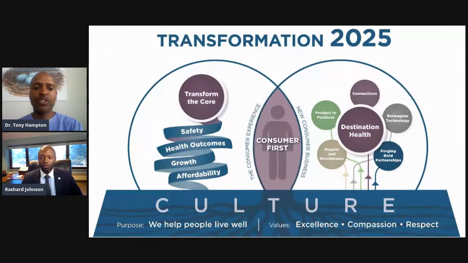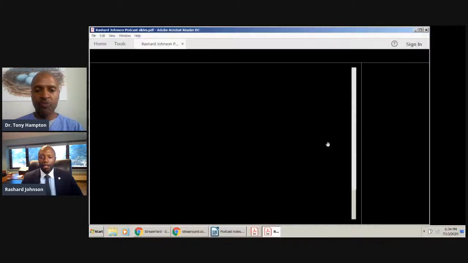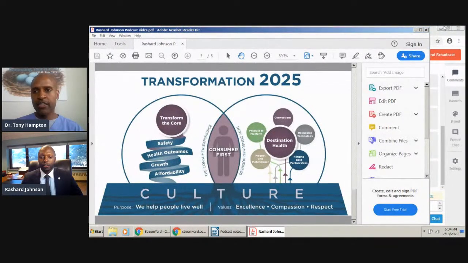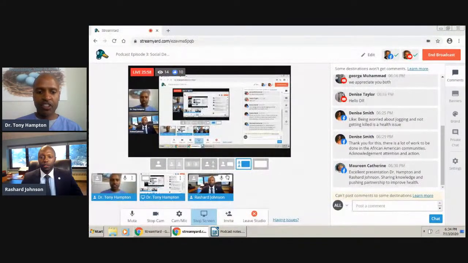How do I help you live well, meaning that you don't even get sick? Or we take a diagnosis that you would have had at 60 or 70 and we stretch it out to 90. And if I'm holding my chest at 90, that's a completely different scenario than holding my chest at a younger age.